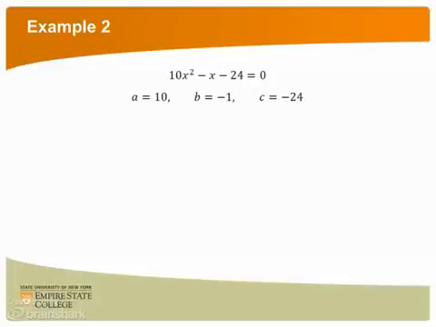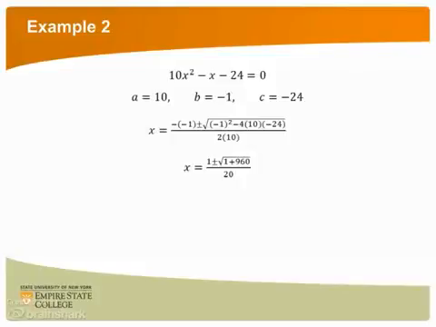C is the constant, which is negative 24. Plugging into the formula, we have x equals the opposite of negative 1 plus or minus the square root of the quantity negative 1 squared minus 4 times 10 times negative 24, all divided by 2 times 10.